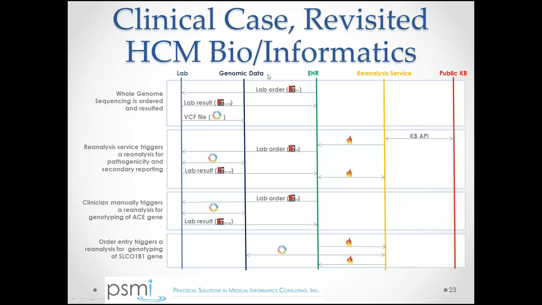But theoretically, if there's some landmark study that says, you know what, we just realized that anyone that has this variant is at sky-high risk of disease X and should be tested, we could write a rule in our reanalysis service that could go back and query all of our patients that have genomic data in here and identify those patients, at least those that have been tested, who are at risk, and we could notify them and bring them all in and screen them. So that's certainly a scenario that's enabled by this reanalysis service.